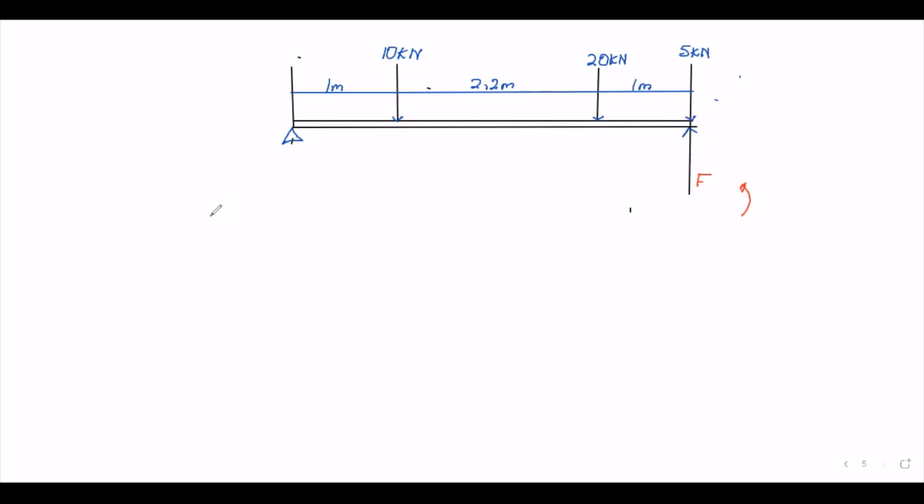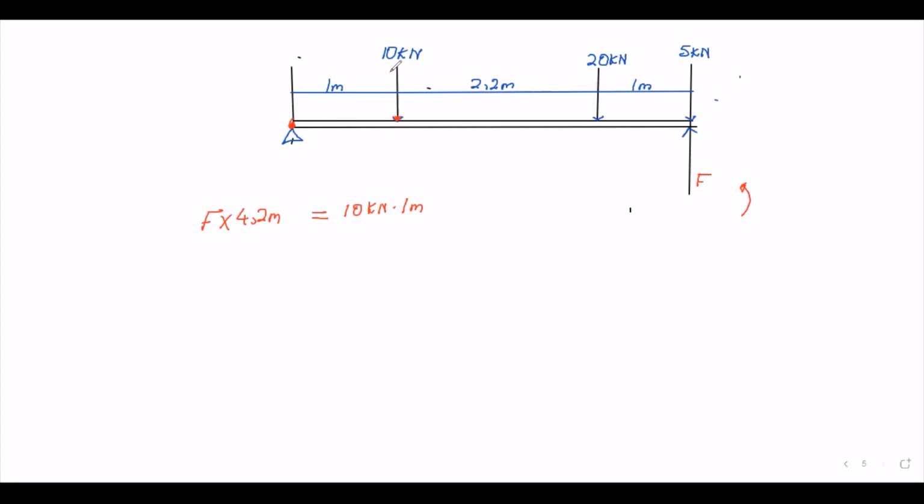So it's better when we say F multiplied by the whole of this distance here, that is 3.2, 4.2 meters, is equal to 10 kilonewton multiplied by 1 meter.